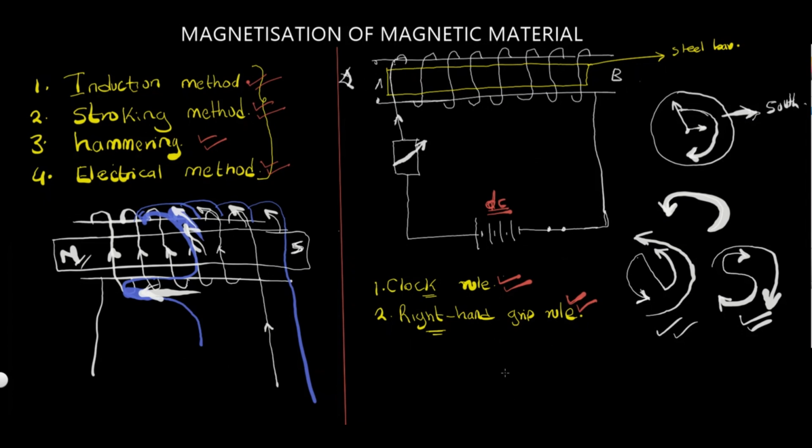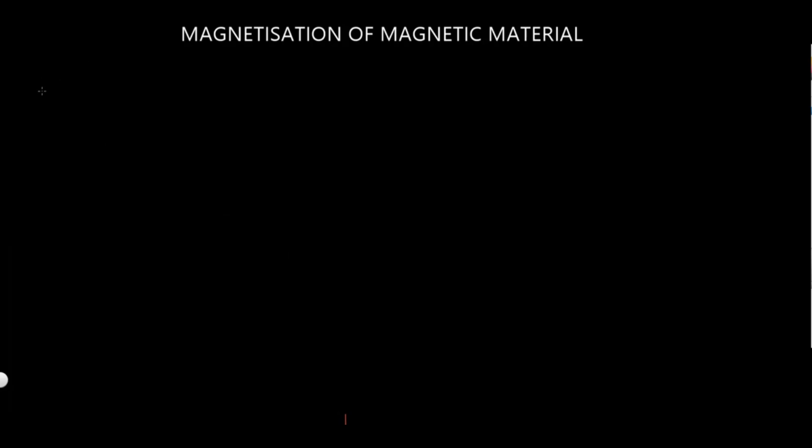Now, having finished discussing methods of magnetizing a magnetic material, how can you demagnetize this magnetized material? So let me clear this. We can look at demagnetization. Now let us look at methods of demagnetizing a magnet. We have a number of methods.